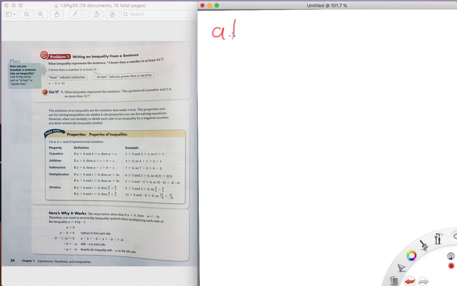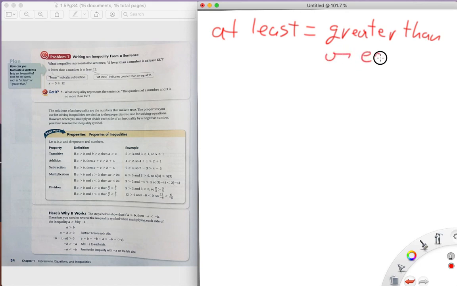So at least means greater than or equal to. The other one that people get confused with is at most. That's less than or equal to.